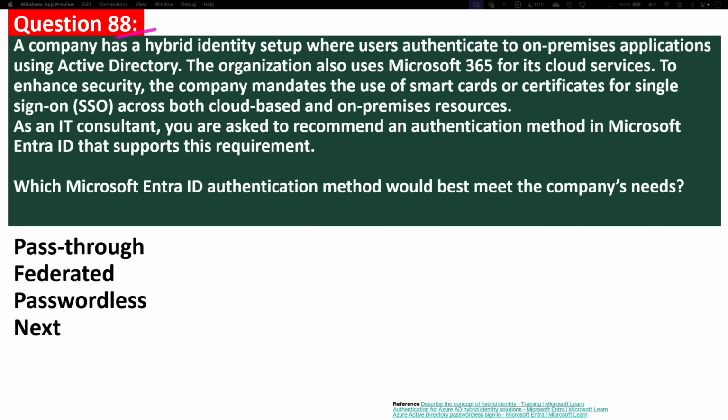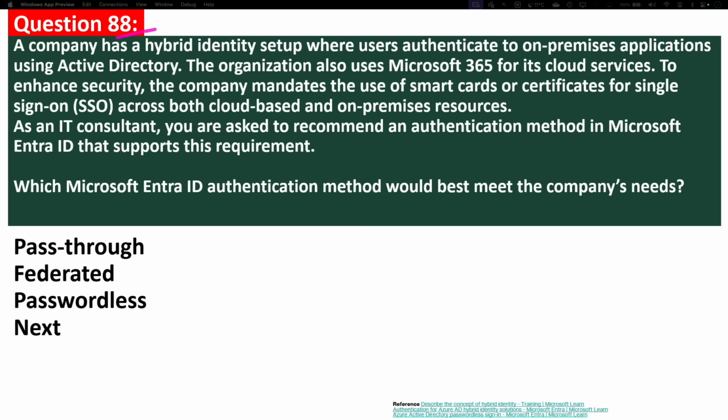Question number 88. A company has a hybrid identity setup where users authenticate to on-premises applications using Active Directory. The organization also uses Microsoft 365 for its cloud services. To enhance security, the company mandates the use of smart cards or certificates for single sign-on across both cloud-based and on-premises resources.